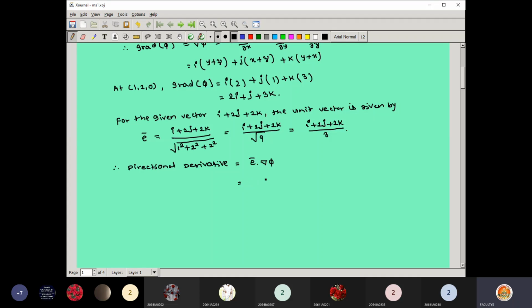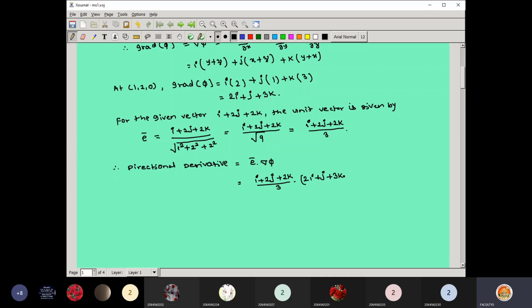This is e bar: i plus 2j plus 2k divided by 3, dot del phi. Already we have calculated the gradient value at that point, which is 2i plus j plus 3k.